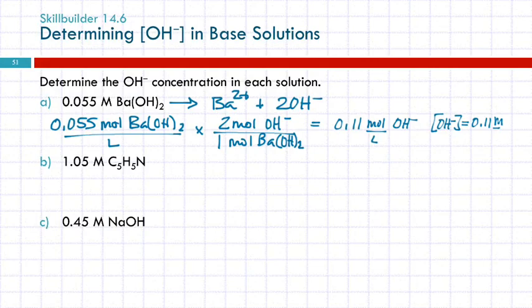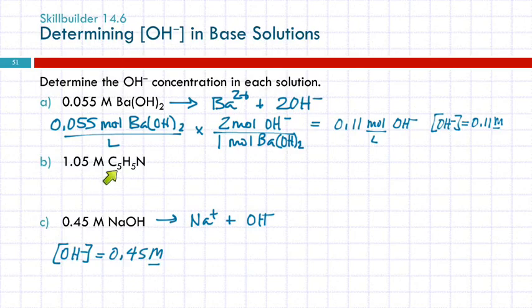So this will form 1 mole of sodium ions and 1 mole of hydroxide ions for every 1 mole of this. So we could write it out like this, or we can just say the hydroxide ion concentration equals the concentration of the base. Where you have to be careful is when you have the OH2, because then the hydroxide ion concentration is actually twice as large.